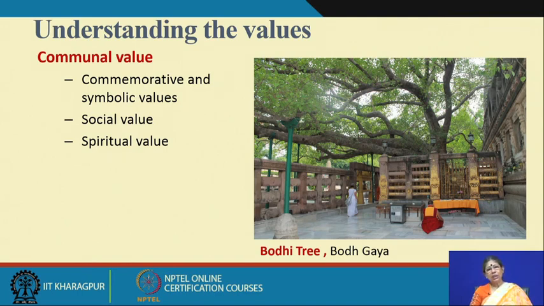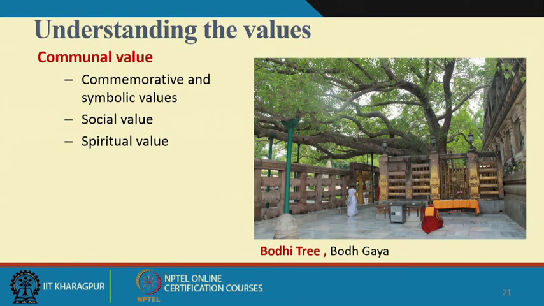This is associated with the great person of humanity, where Buddha is said to have attained his moksha. So, this tree has a symbolic value, a spiritual value for all the Buddhists from all over the world. They come and visit this place.